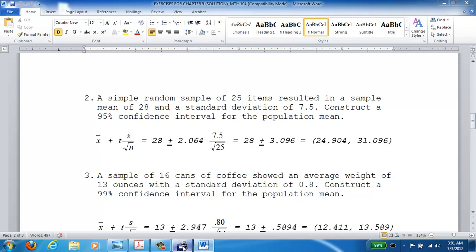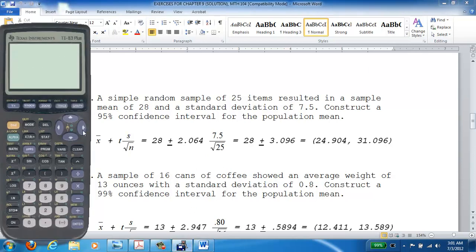Let's follow the same steps by using the graphing calculator. Stat, Tests. Now we go to number 8, t-interval. So in this case the mean is 28, the standard deviation is 7.5, and the sample size is 25, and you look for a 95% confidence interval.